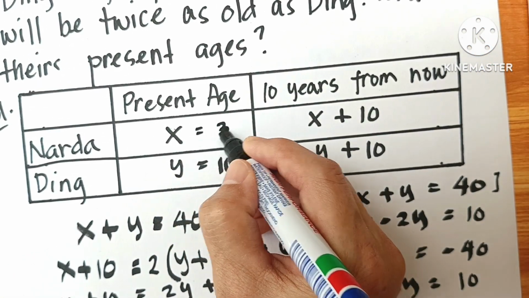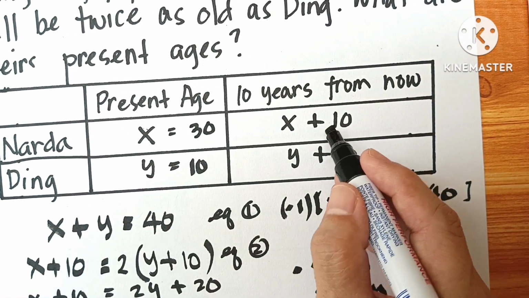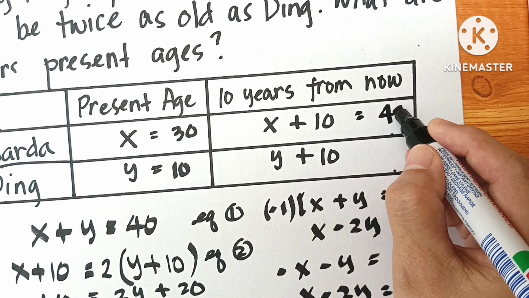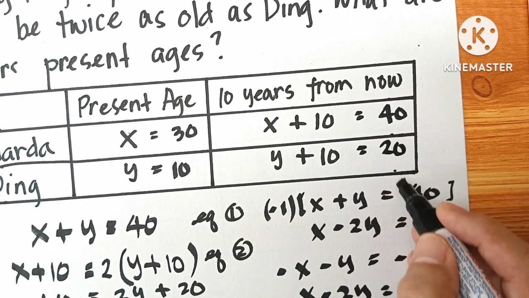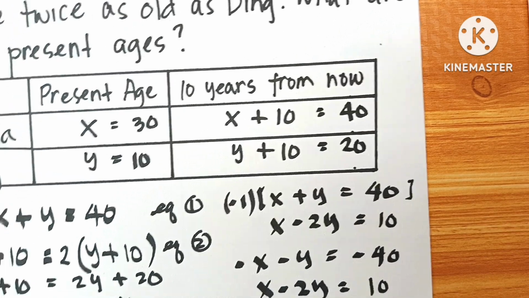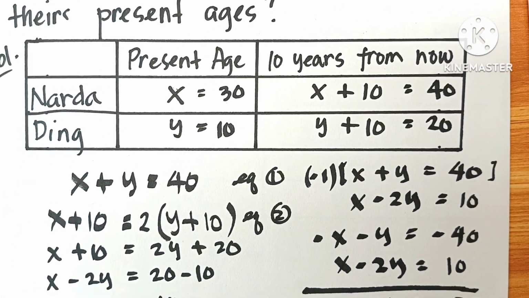Now again, let us check if our solutions are correct. So 10 years from now, Narda's age would be 30 plus 10 or 40. And Ding's age would be 10 plus 10 or 20, which implies that Narda's age will be twice as old as Ding 10 years from now. Okay?